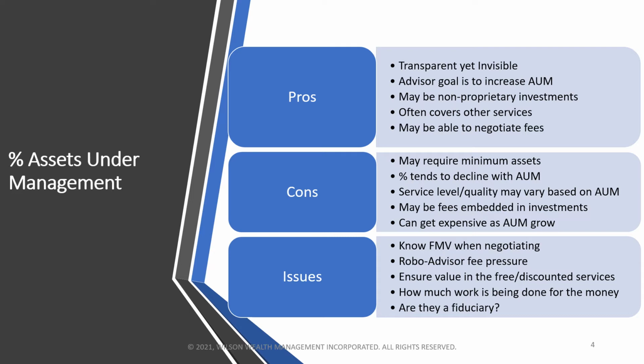But the advisor knows that I've got 5 million sitting with TD, and she wants that transferred over so that she can start making her own money off it. So I might say, well, that 1% is a little steep. Maybe if you can go down to 0.8, I'll bring over another million or two. So that's something to look at.